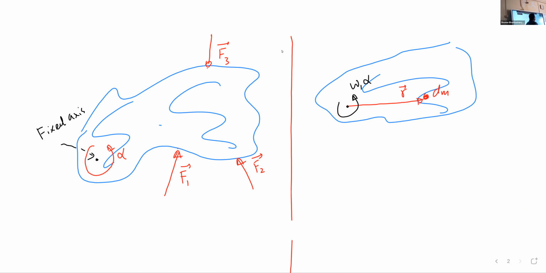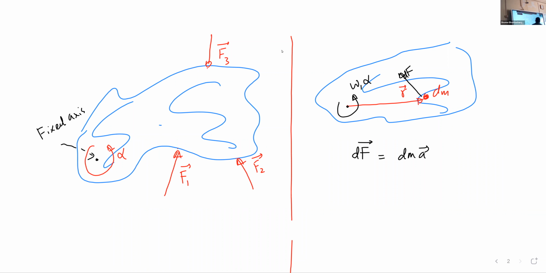So how do we apply particle dynamics to that small particle? Net force is equal to mass into acceleration. So the net force on that particle, let's say, is df, because it's a differential particle. It's in circular motion like this, so I can assume the net force will be something like this, because assuming that it will have some centripetal as well as some tangential acceleration. So that net force acting on that particle is equal to its mass into its acceleration.